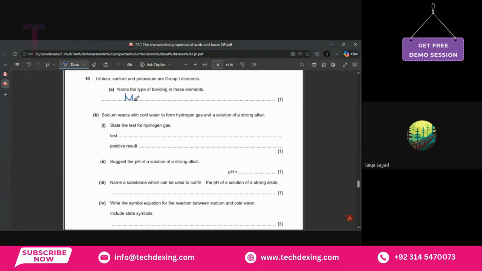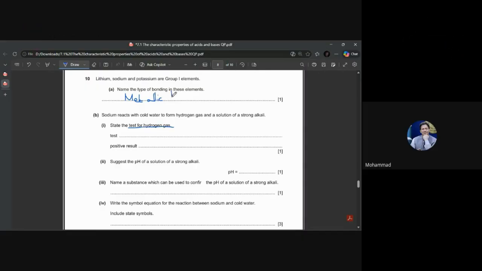Moving to the next question: sodium reacts with cold water to form hydrogen gas and a solution of a strong alkali. You have to state the test for hydrogen gas. It would be a lighted splint. Very good. And what would be the positive result?